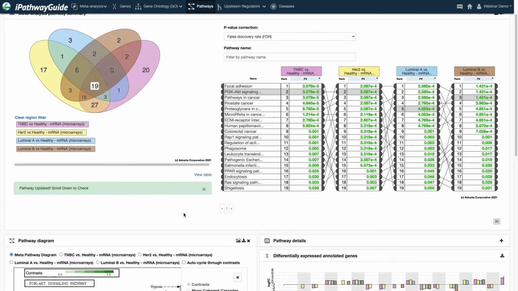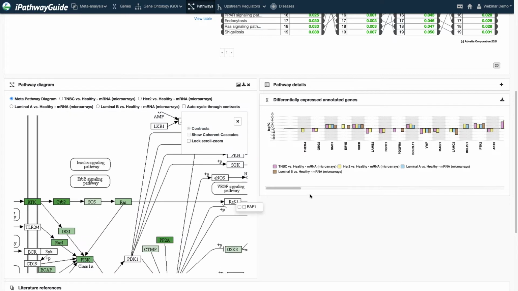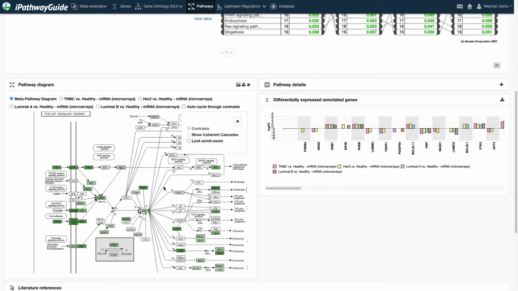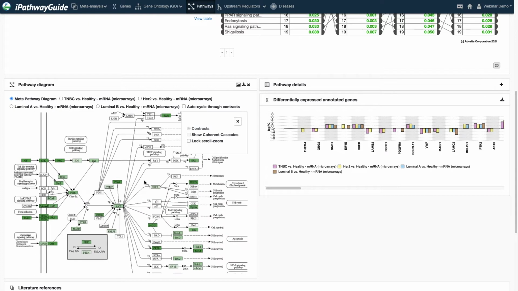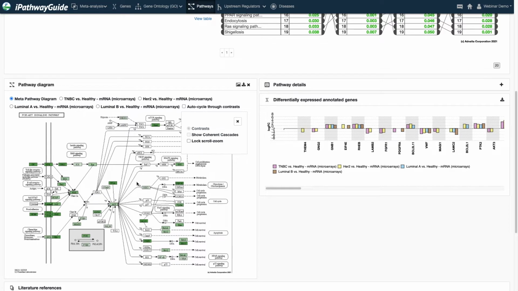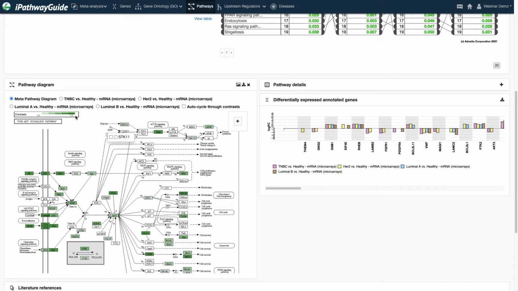And when we look below, we have 2 things. We have the pathway diagram, and this shows you which genes are differentially expressed in how many contrasts. So the intensity of the green in this pathway map corresponds to the number of contrasts that have that gene as differentially expressed.